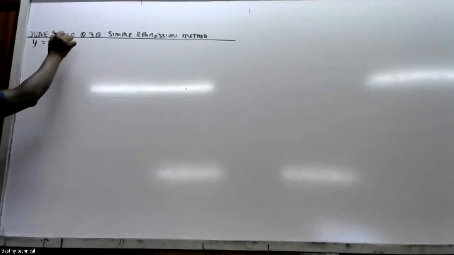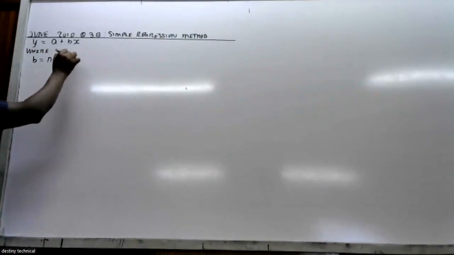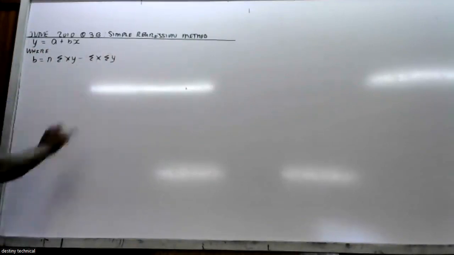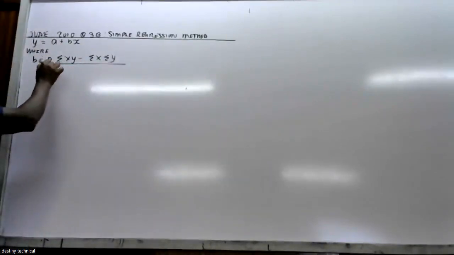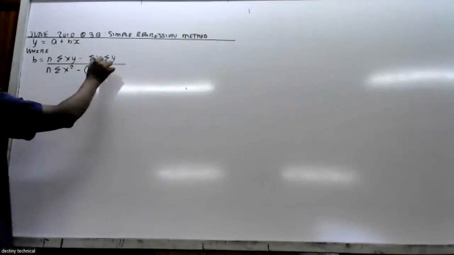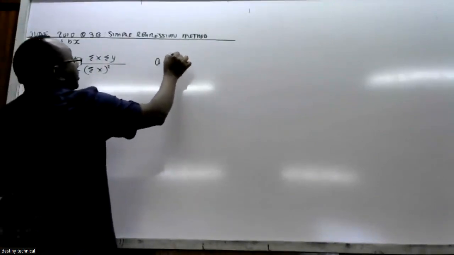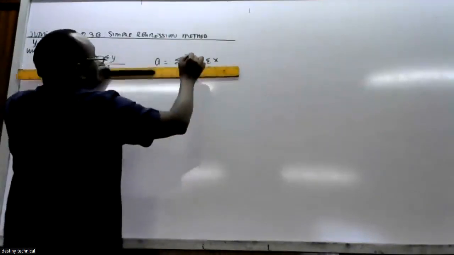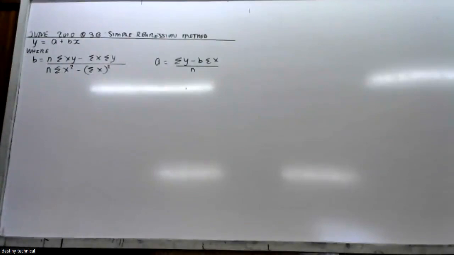Y is equal to A plus BX, where B is equal to N sum of xy minus sum of x, sum of y, divided by N sum of x squared minus sum of x squared. And A is given as sum of y minus b sum of x, divided by N. Those are the formulas that we use in developing the simple linear function.